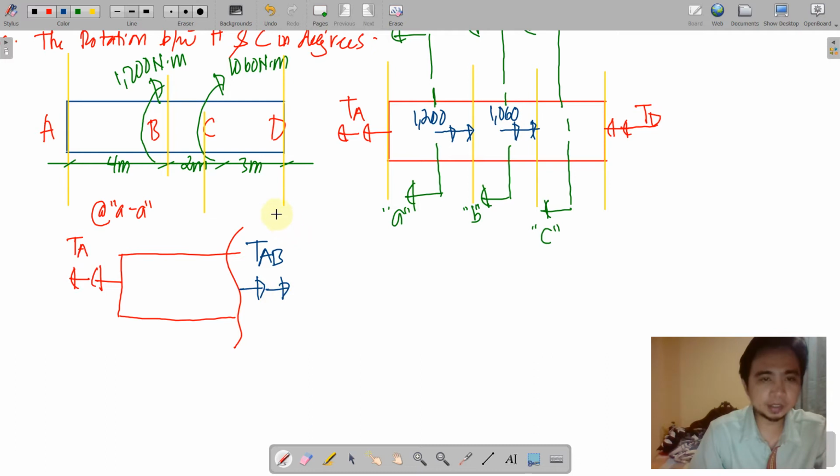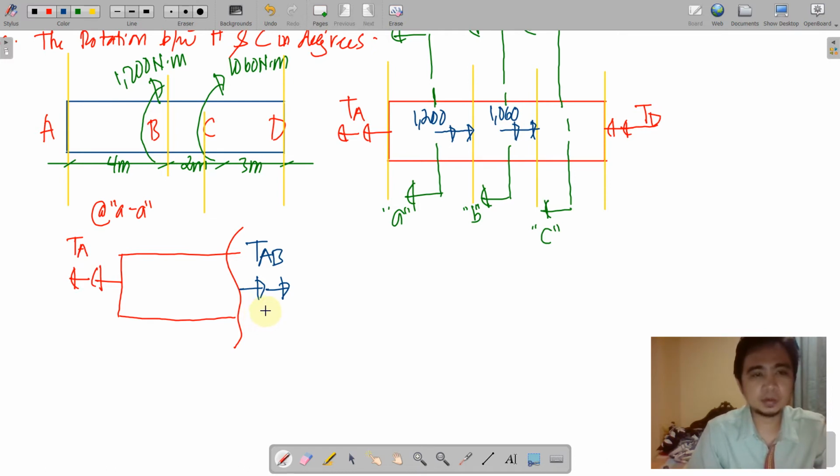So this is what I wanted to emphasize, that we always have a consistent assumption of the torque per segment that is always towards right. So do not assume a leftwards direction for any torque per segment. Why is that?